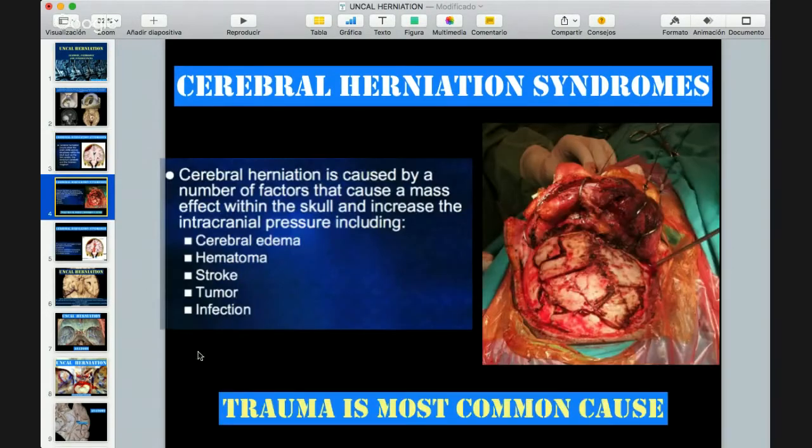Trauma is the most common cause of brain herniation, but there are other causes such as cerebral edema, hematoma, stroke, tumor, infection.